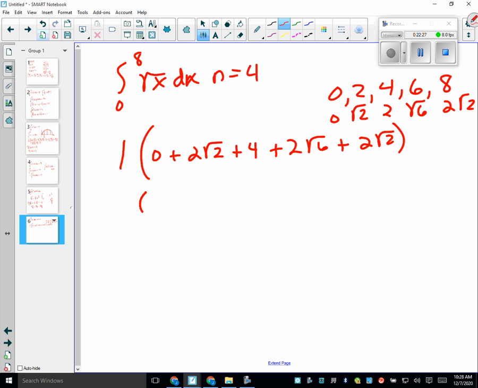Multiply by 1. 4 radical 2 plus 2 radical 6 plus 4. When you're adding 2 radical 2 and 2 radical 2, you just add the outside number. You don't do anything with the radicals. Yep.